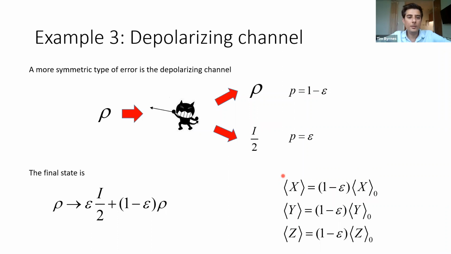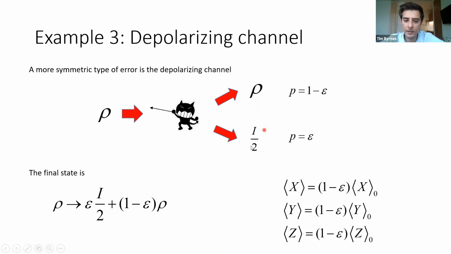Okay, and the last example that we're going to look at in terms of error channels is the depolarizing channel. The way this one works is that this error guy takes as an input this state rho, and with probability 1 minus epsilon does nothing, and with probability epsilon creates this completely mixed state, right?